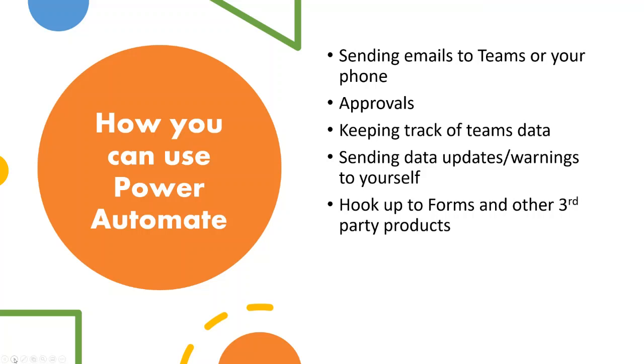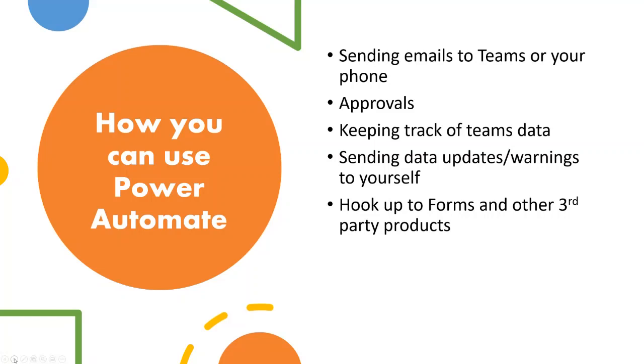So for example, you get an email in your Outlook and then you get a push notification to your Teams. Let's say you want to add someone to a document or do another thing that requires an approval action. You could set that up through Power Automate. You could pull Teams messages from Power Automate.